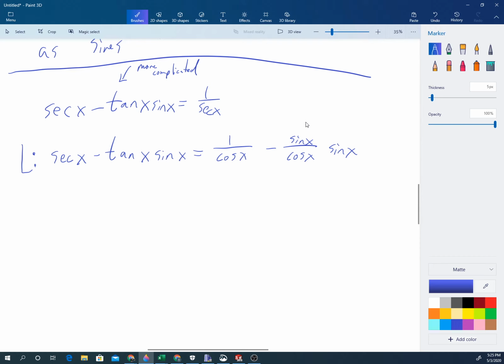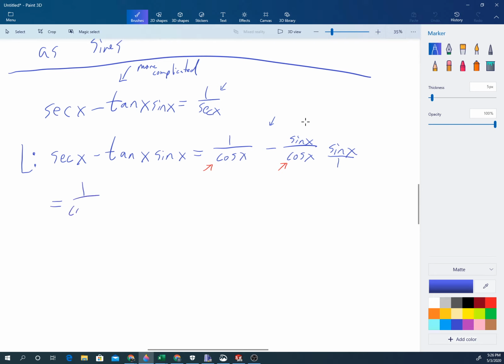Alright, now what I see here is ultimately I want to be in one fraction. And what I like about this already is I see that I've got a common denominator already. That means I can add them together. Now I'm going to do one more step before I add them together, and that is I'm going to make my two fractions that I'm multiplying together into one fraction.